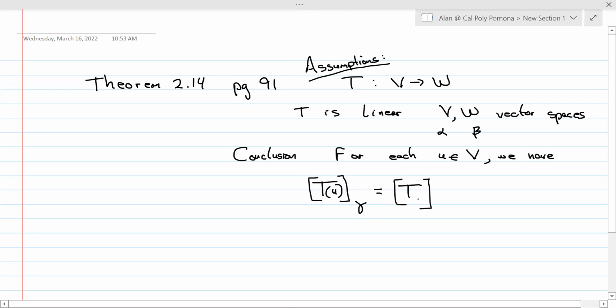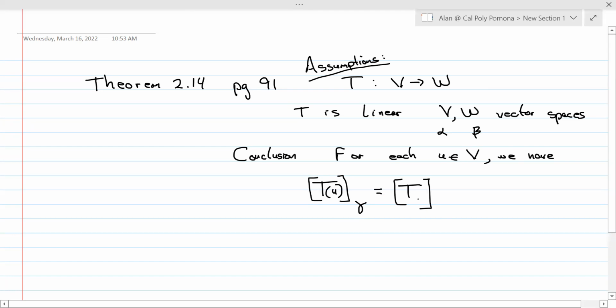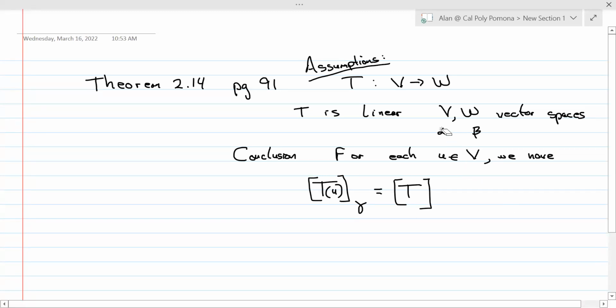Oh, first of all, I have the ordered bases wrong, so that's no good. They're listed as beta and gamma, so let me correct that. The ordered basis for V is beta.